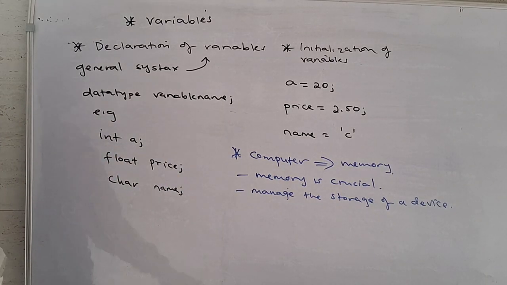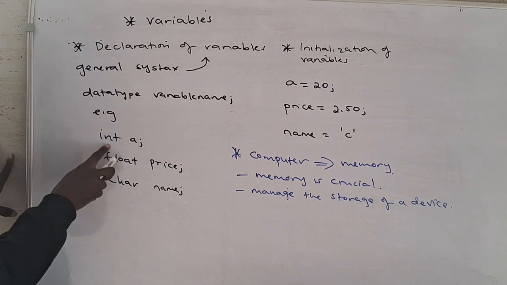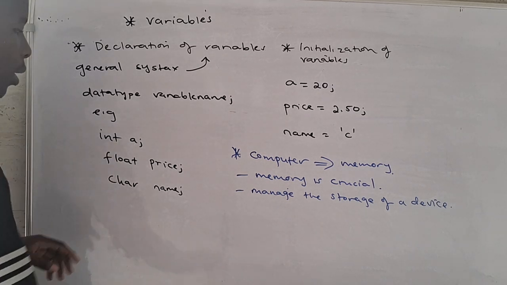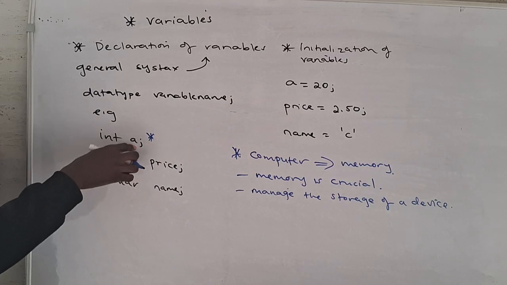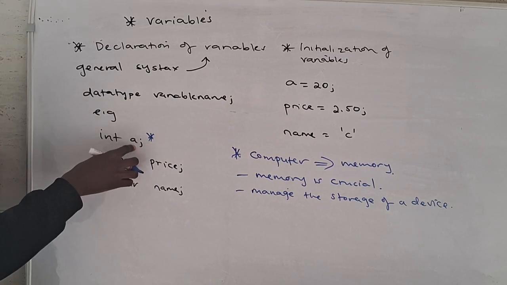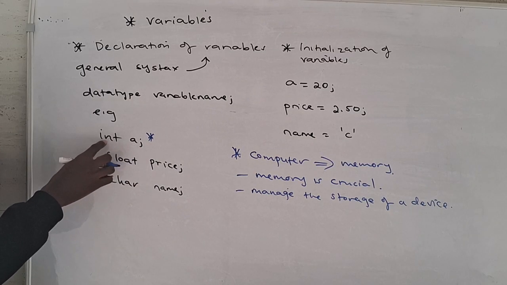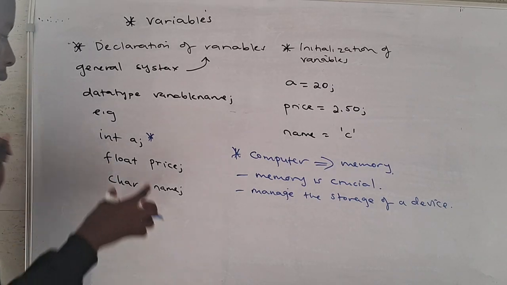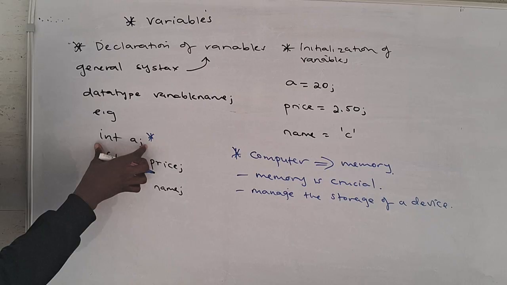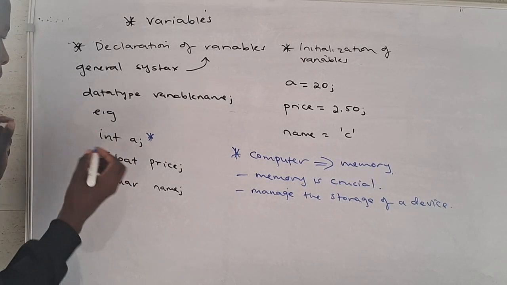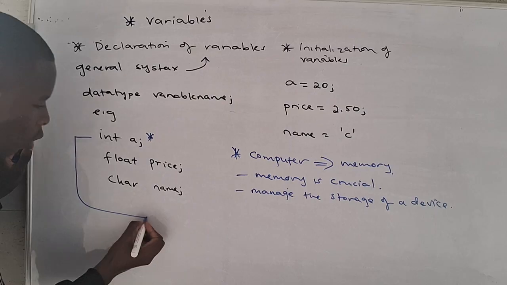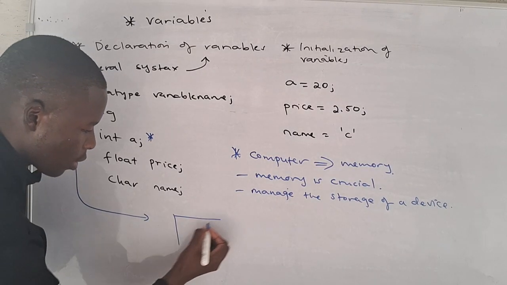So see, this is int A. Here I am declaring a variable called A, and this variable is going to store an integer. If the compiler reads this statement, what will come into the mind of the compiler? The compiler will allocate some space.